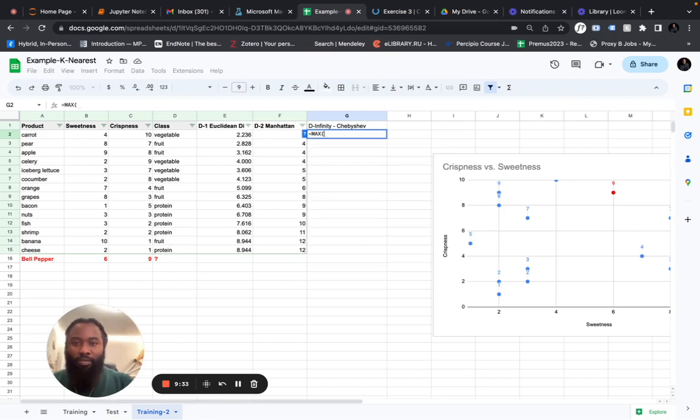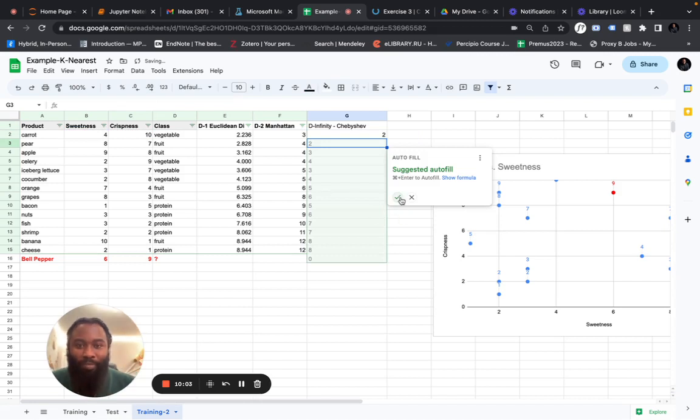Maximum distance of the absolute difference between the points. So the maximum when you compare both points of all your features. Let's see if this distance, let's lock the point, will be different with K equals 3. Isn't that exciting? Let's see.